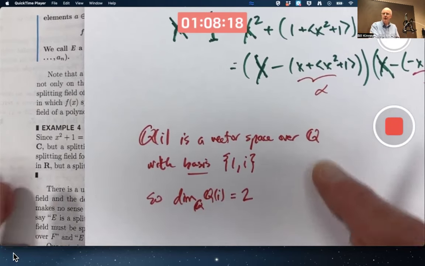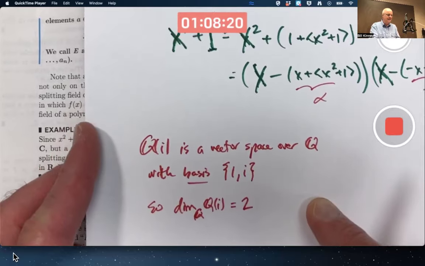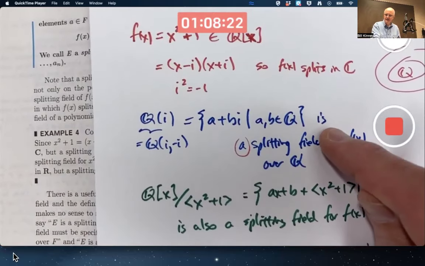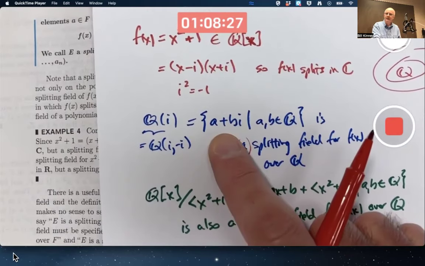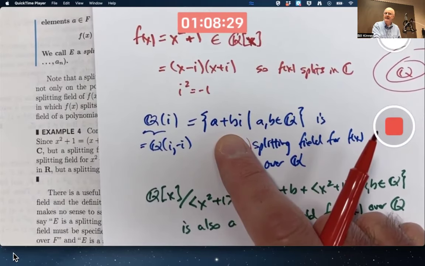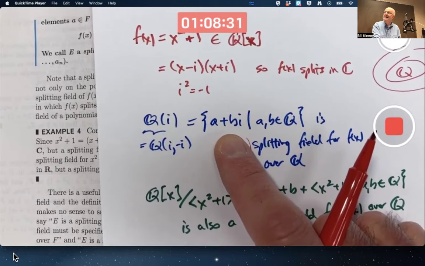The reason this is true is in part because of this description. This equation right there verifies that the set 1, i spans Qi.